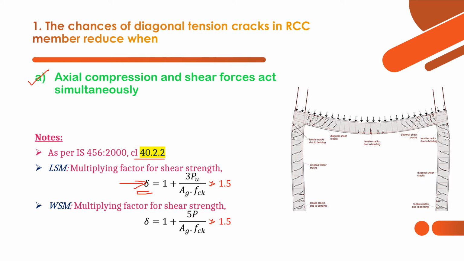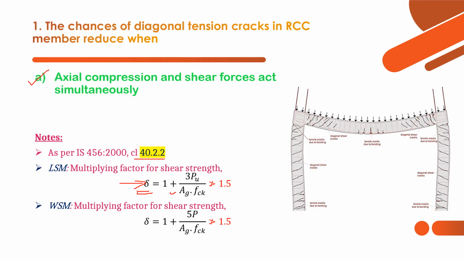So delta is equal to 1 plus 3 Pu by Ag fck. So what is Ag? Gross area of the RCC section, and fck is the characteristic compressive strength of concrete, and Pu is the factored load.